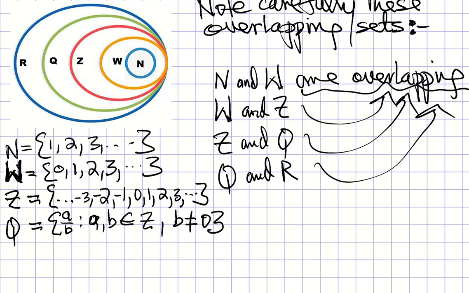To understand this, you see, 1 is in this set, 1 is in this set, 1 is in this set.